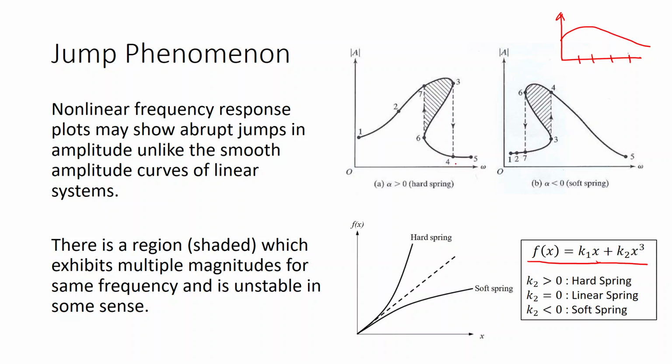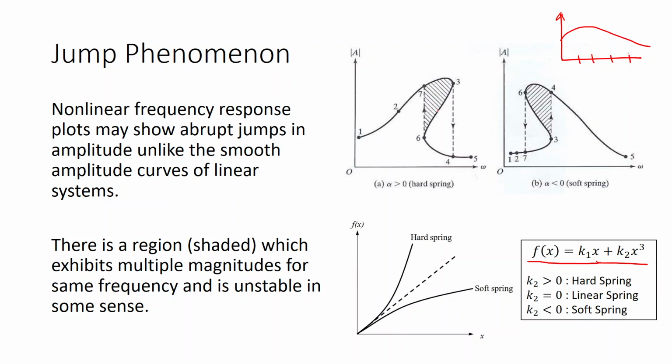And then it goes to 5, and if you trace it back, from 5 to 4 it goes, but it does not go back to 3, it goes to 6, and then it jumps again to 7, and then to 2, and then to 1. So this region is a sort of unstable region. It exhibits some sort of instability, so the system does not really stay in this region.